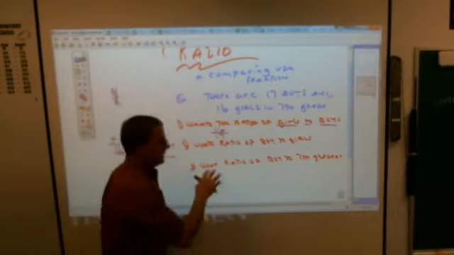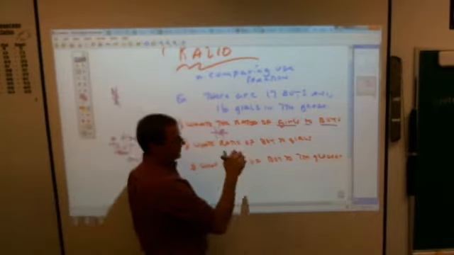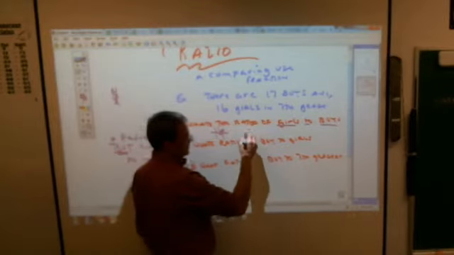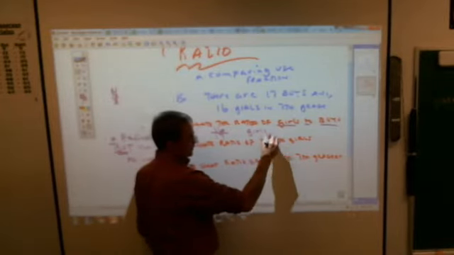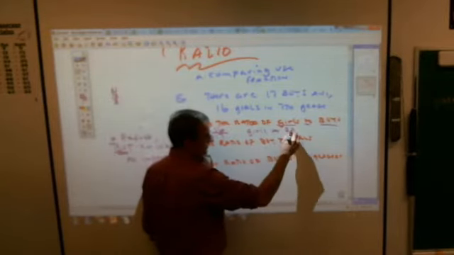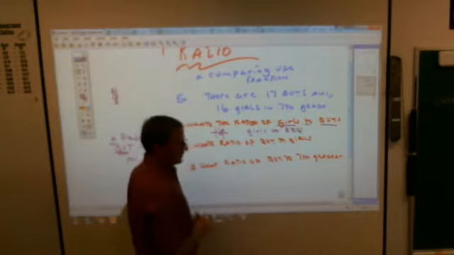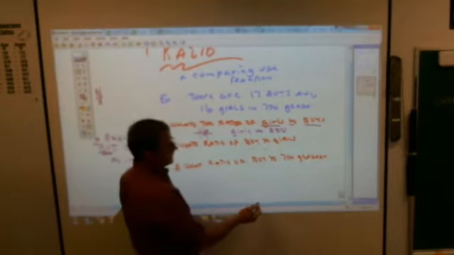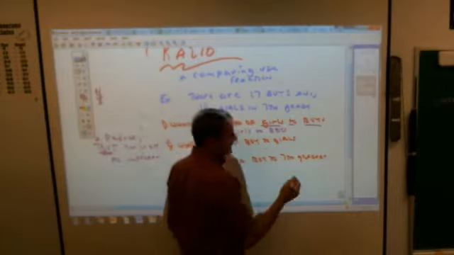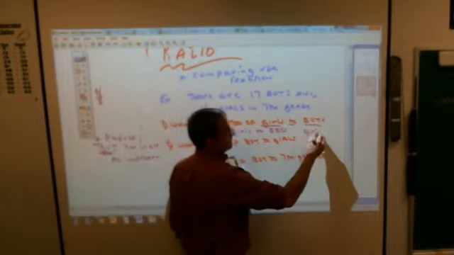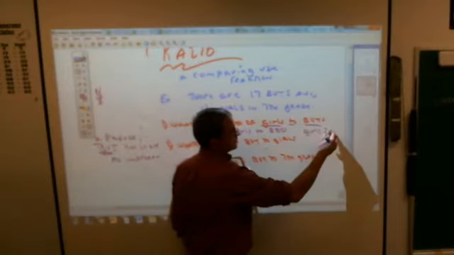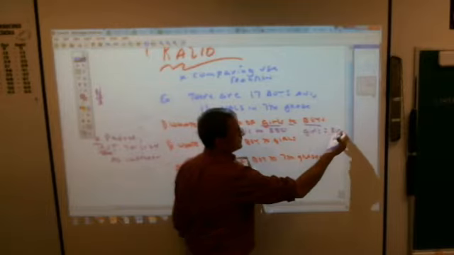Now, the other 2 ways, sometimes we show ratios like this. You could say girls to boys. Technically, that's one way to write the ratio. And another one you see all the time in your standard achievement tests, they do this, the colon: girls, colon, boys.